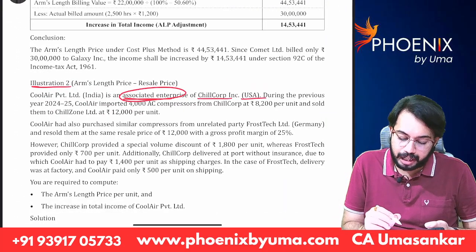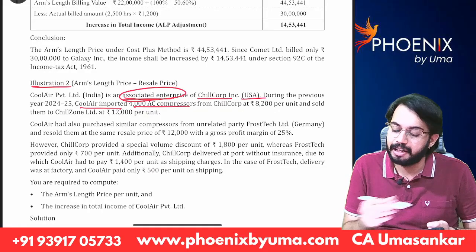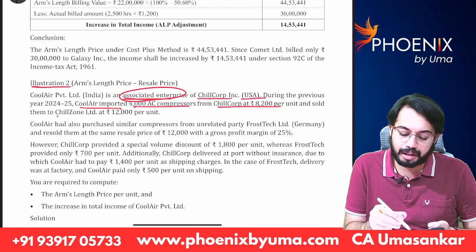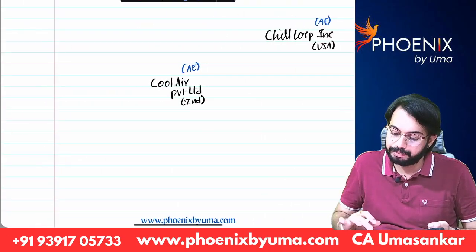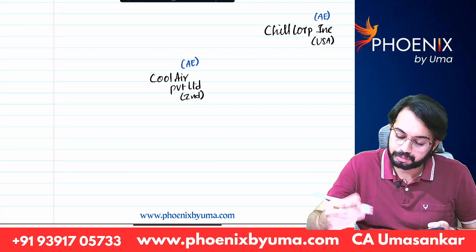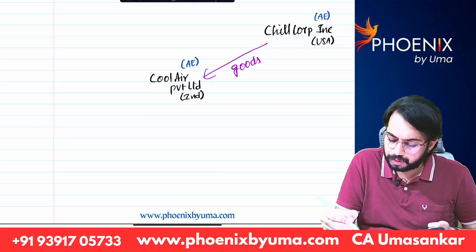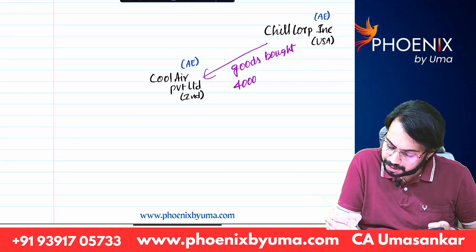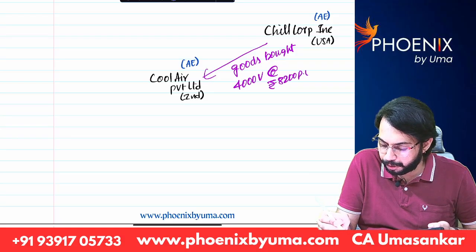During previous year 24-25, Cool Air imported 4,000 AC compressors from Chill Corp at 8,200 per unit and sold them to Chill Zone Limited at 12,000 per unit. So what happened? Goods bought: 4,000 units at the rate of rupees 8,200 per unit.